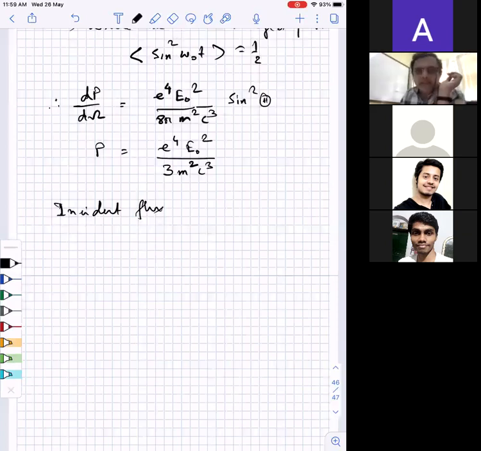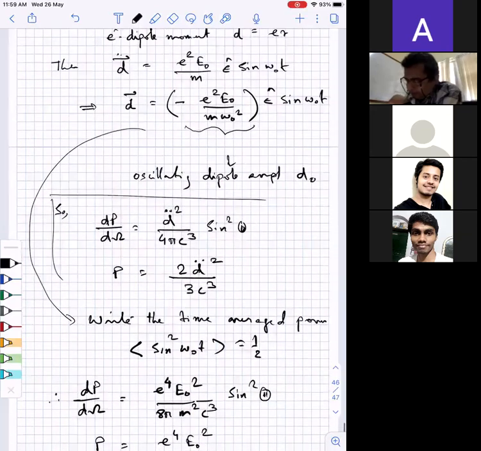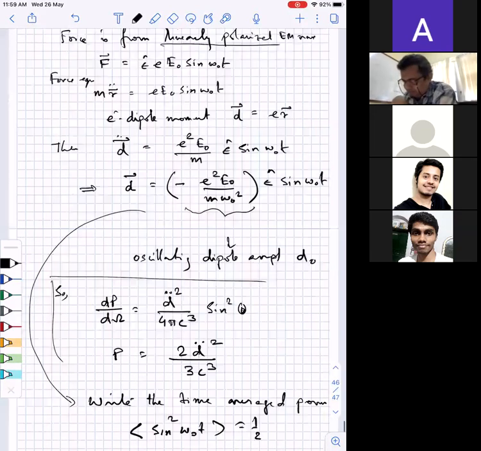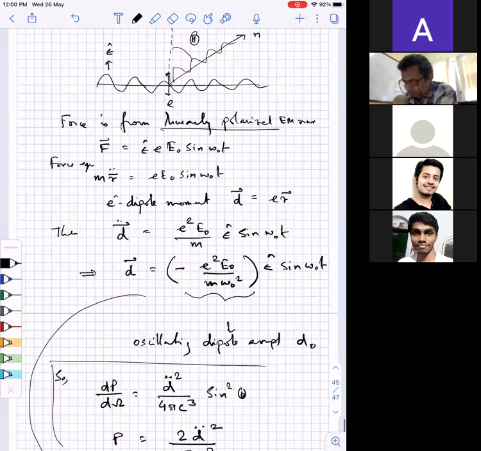Sir, a minute or two ago, what Nikhil asked was: if we treat the electron as a point particle, then what should be the meaning of the dipole here? Can we say that when we integrate the mechanical equation, that is d double dot equals e squared E0 sine omega t over m, and integrate it twice, we will have two integration constants, d1 and d0? Then we are putting d0 equals 0.